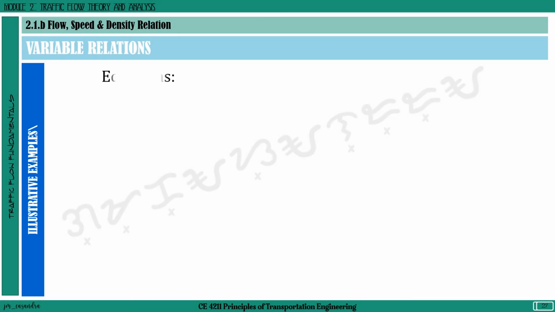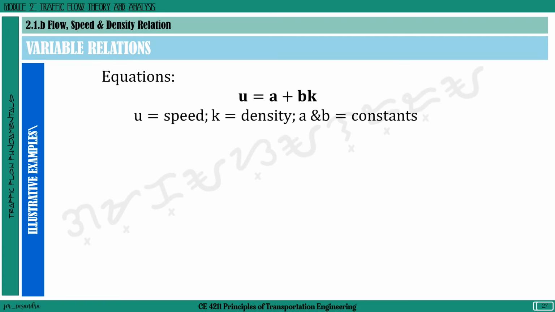So for our solution, we'll now be applying these equations. So we have U is equal to A plus BK, where U is your speed, K is the density, and A and B are constants. And these constants now will be computed by the equation.